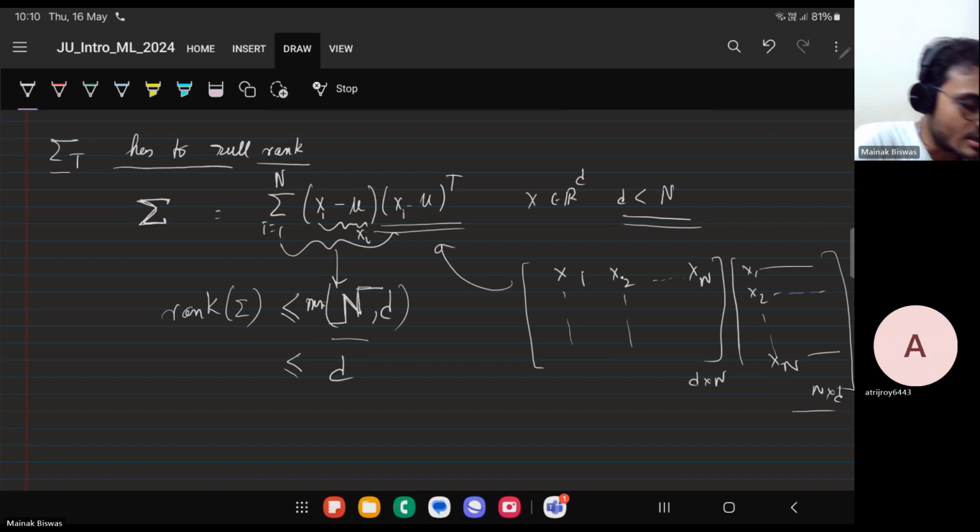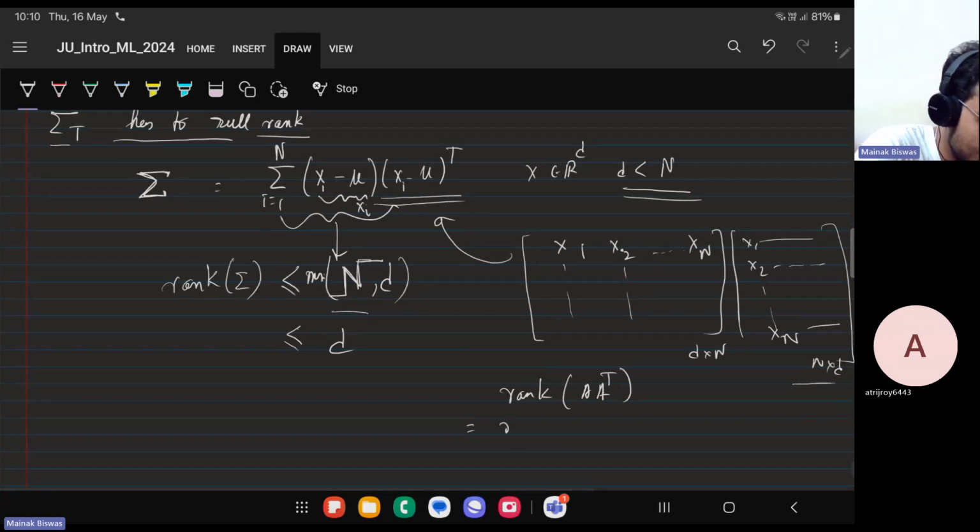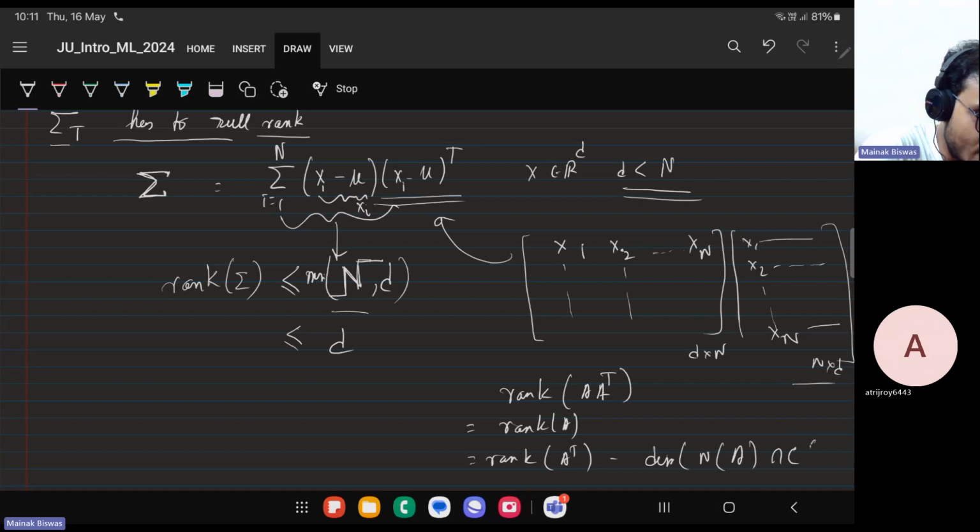Yes. Now you tell me, the rank of A transpose, what did we find? It was equal to the rank of A. Because this is equal to the rank of A transpose minus the dimension of the intersection of the null space of A and the column space of A transpose.